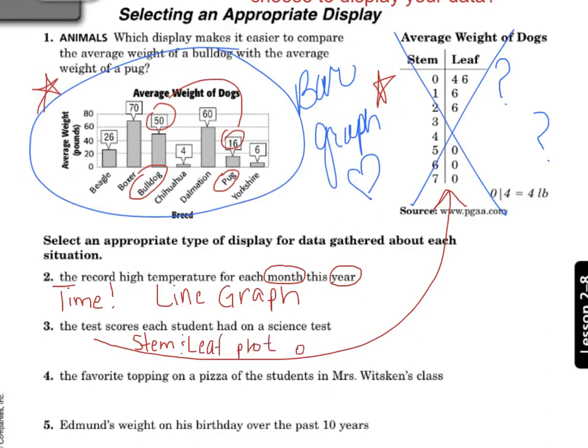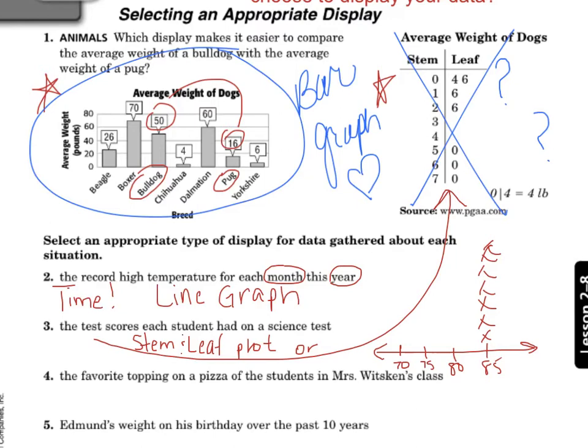Or you can put them on a line plot where we have the grades down at the bottom, and you do the X's. Those would be good for a stem and leaf plot or a line plot because there's a bunch of different little numbers in there.